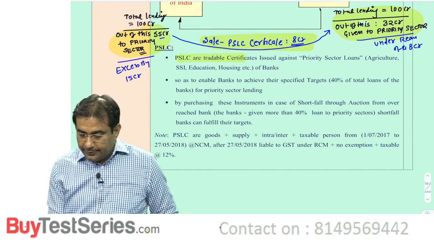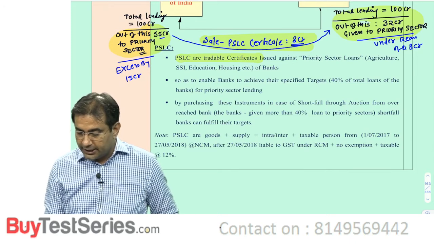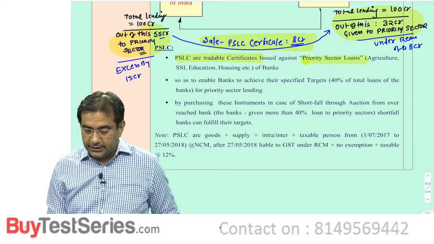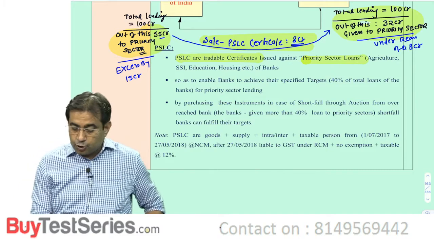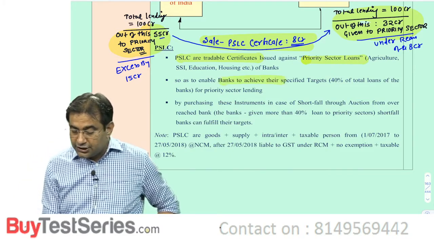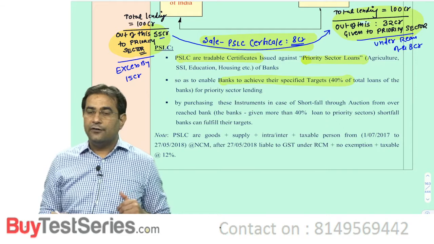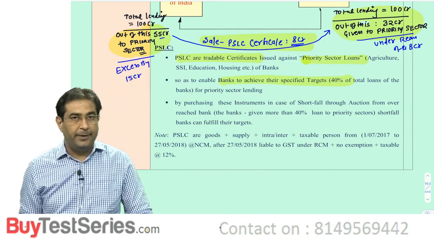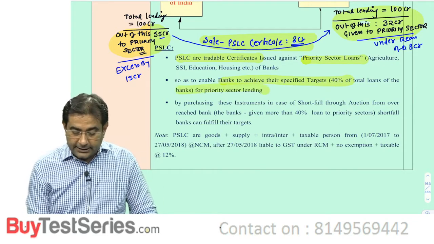PSLC are tradable certificates issued against priority sector loans, agriculture, SSI, education, etc., so as to enable banks to achieve their specified target of 40% of the total loans of the bank for priority sector lendings.